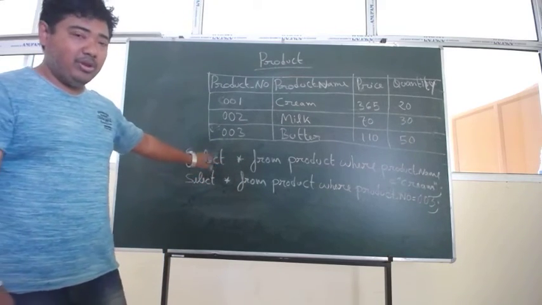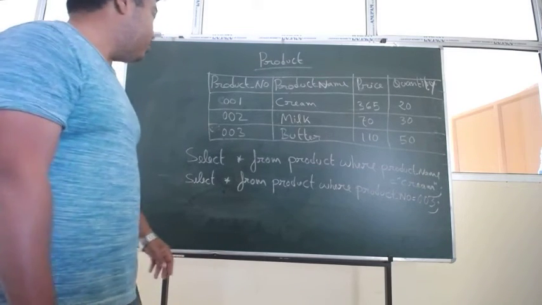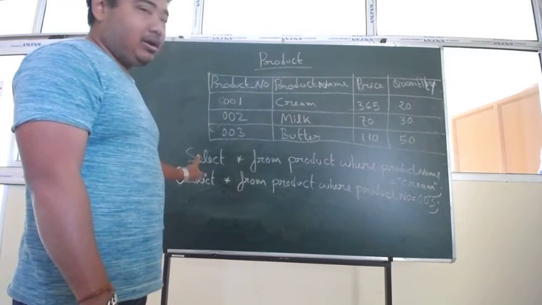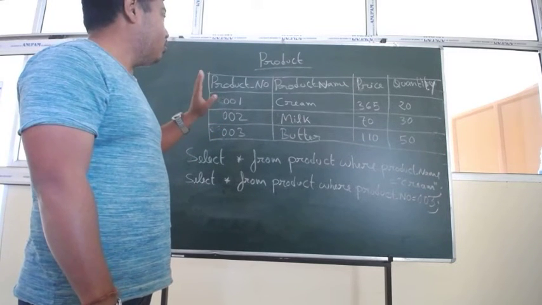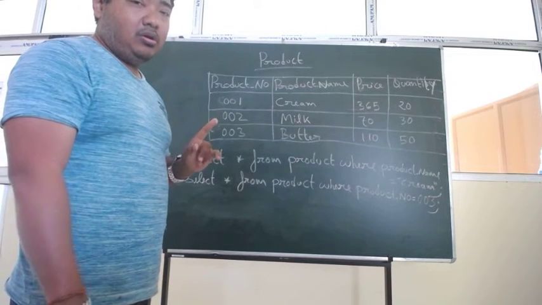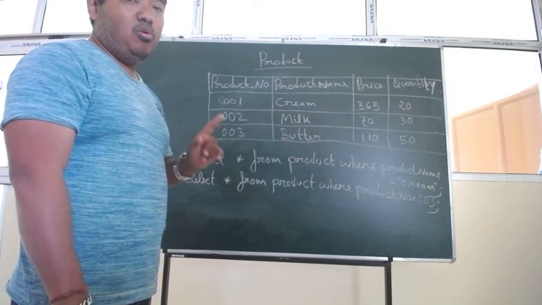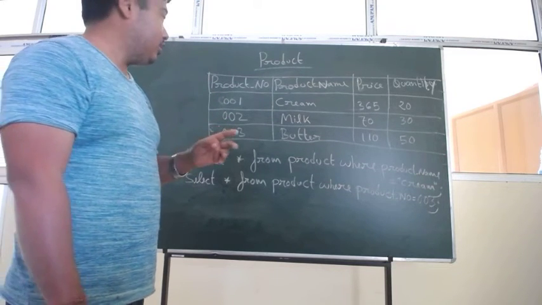Now I will show you here, in both we are seeing all records. Now another scenario I am telling. Suppose I want to see only the product name and product code or product number of a product whose quantity is more than 20. Listen very carefully.